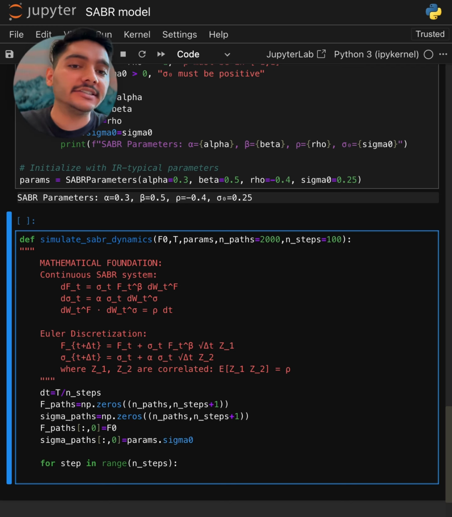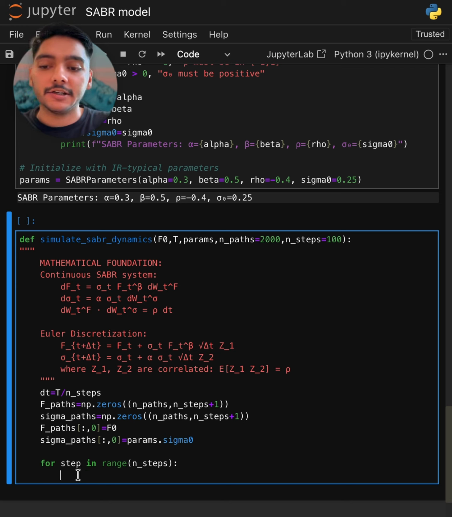We'll create Z1 and Z2 with correlation rho using Cholesky decomposition. SABR requires correlated Brownian motions, not independent ones, and Z2 will be rho times Z1. Let me write that part so you will understand how. The intuition is that when rho is equal to negative 0.4, negative f shocks tend to get positive sigma shocks. So let me write that equation.